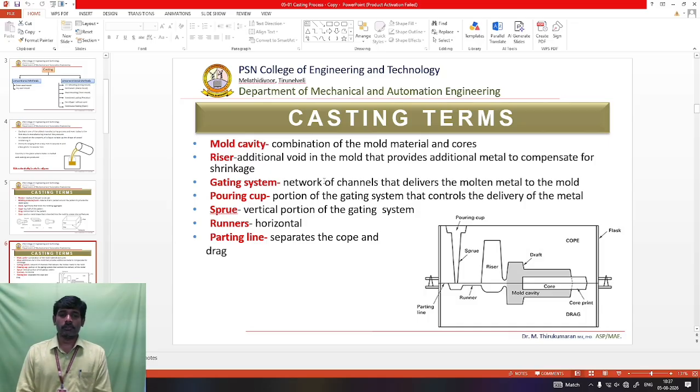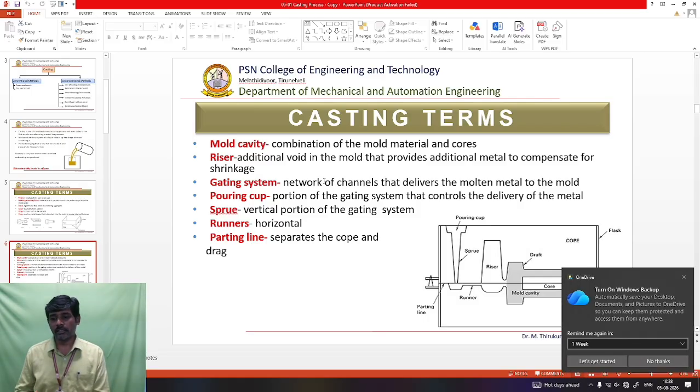The next one is the riser. The riser is an additional part added to the entire casting pattern. It is fixed to the system because of voids, which are generally produced while we pour the molten material into the mold.